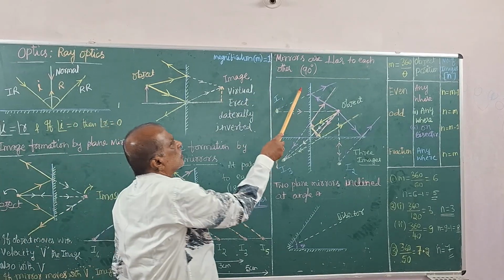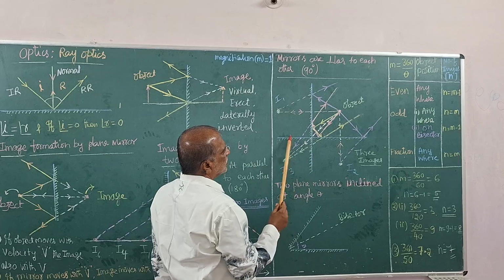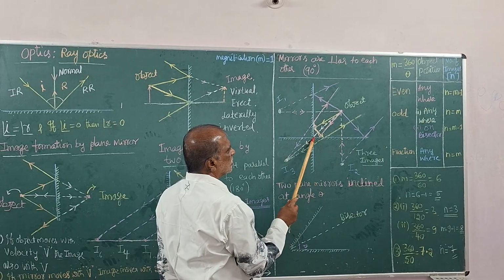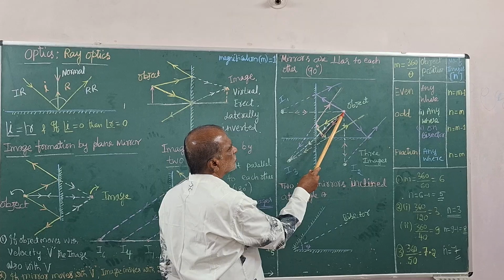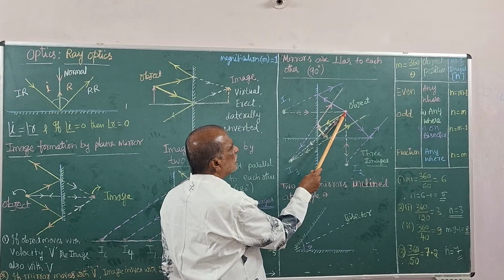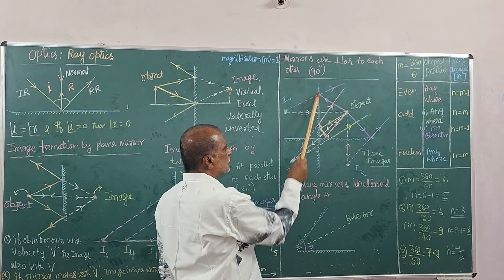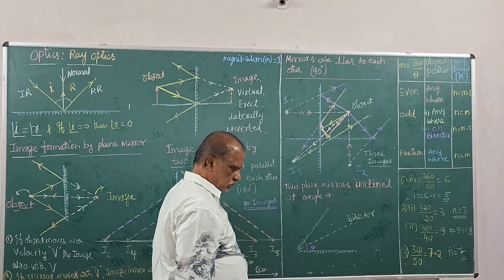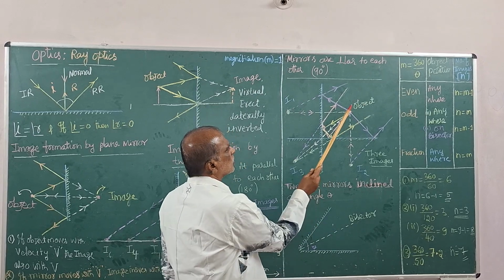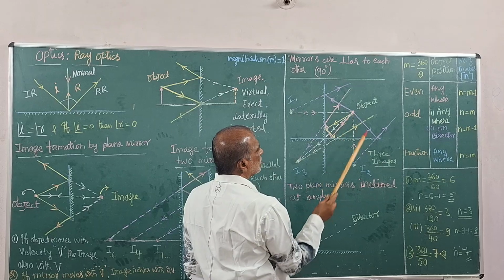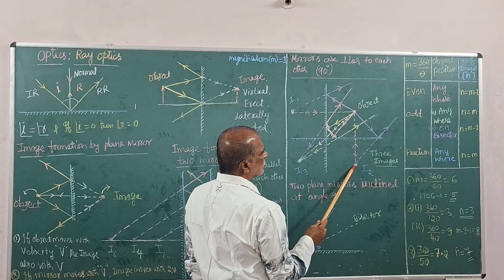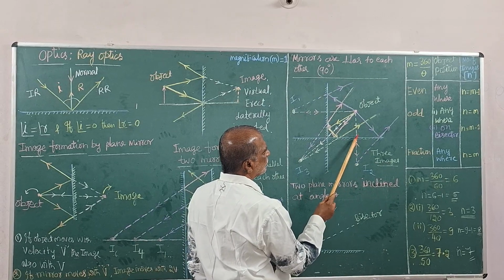If the mirrors are in a perpendicular direction like this, at 90 degrees, and the object is at this point, how many images do we expect from these two mirrors? This object produces an image due to this mirror.